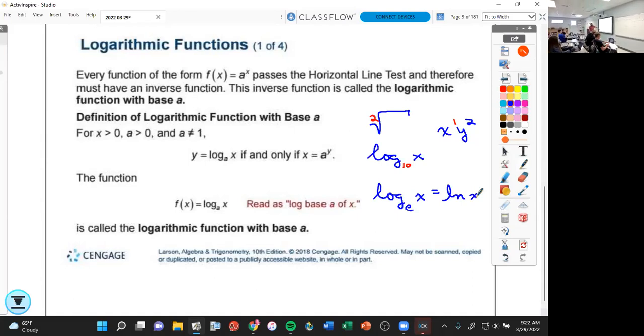So back to logarithmic. f of x equals log base A of x. That is the logarithmic function with base A. Notice the base is A. When you raise something to a power, what do you call that thing that's being raised to the power? What do you call this A if it's being raised to the y power?